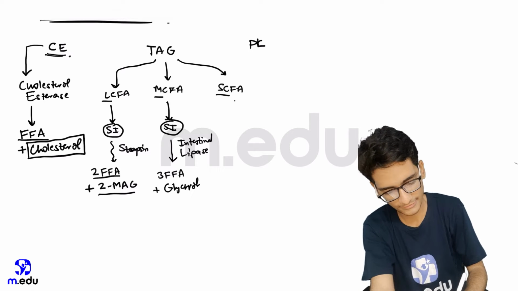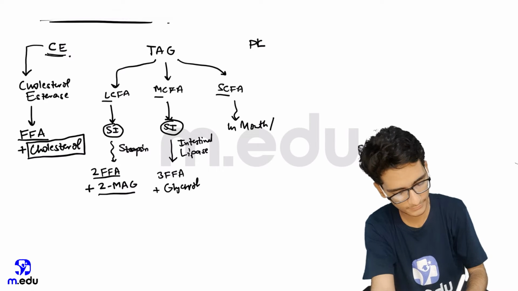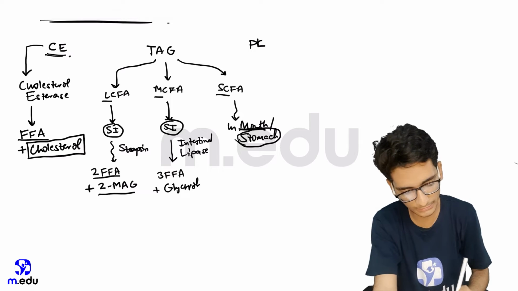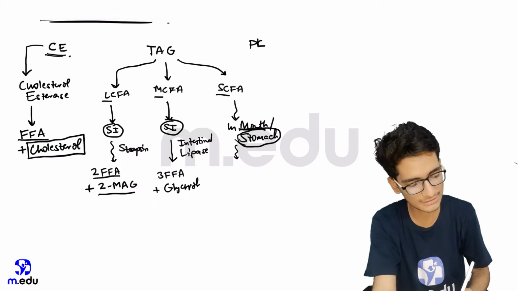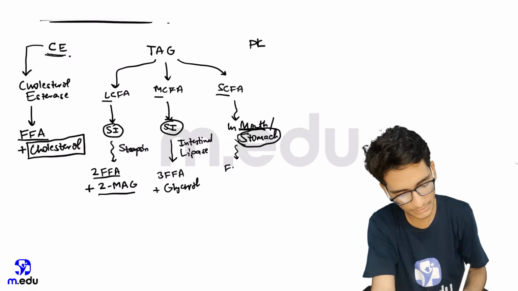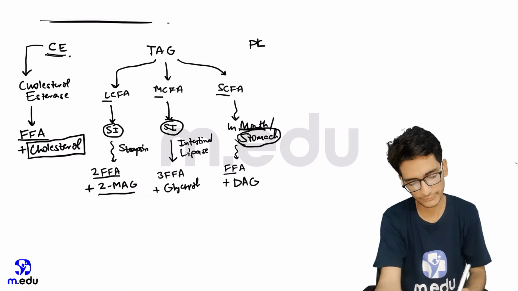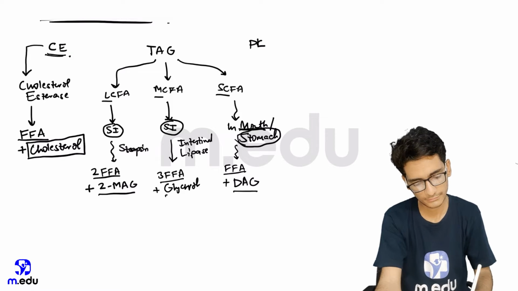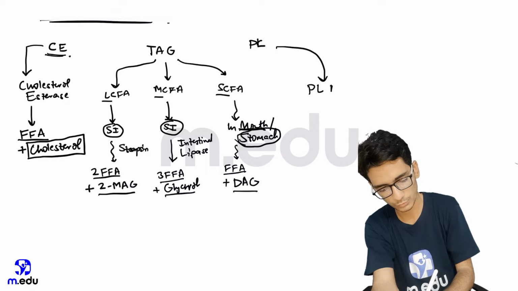For SCFA, digestion takes place in the mouth or in the stomach. The major part takes place in the stomach, while a small fraction also takes place in the mouth when we ingest the food. The products formed are free fatty acid along with diacyl glycerol. For phospholipids, we have phospholipase A2.